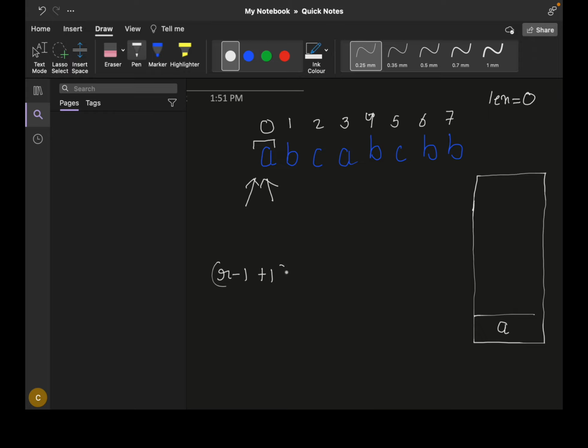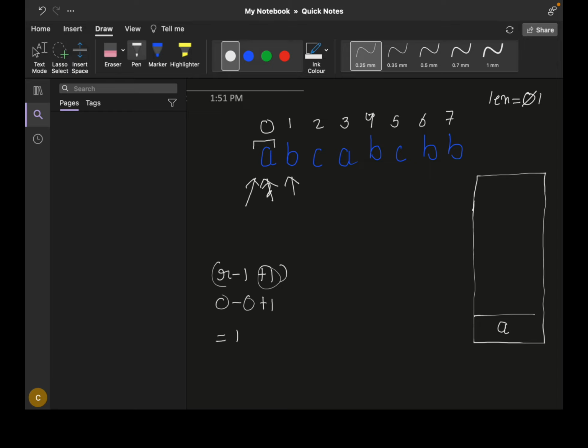Plus 1 is to include the current element. Right is pointing to 0 and left is also pointing to 0, so 0 minus 0 plus 1 is 1. So we replace the length by 1 because we want the maximum, and now our right pointer moves to the next position.